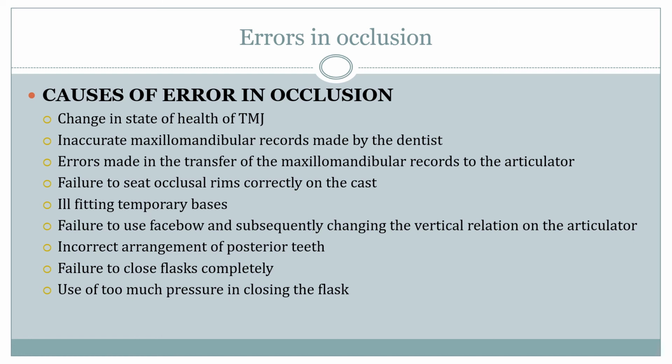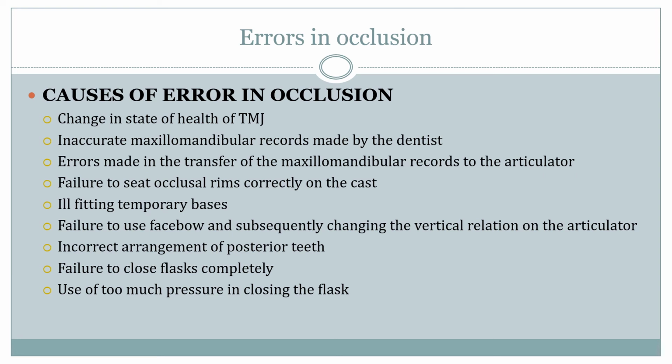But that is the most important thing. When you're recording the jaw relations, you must be mindful of the centric relation position, that is, you're taking care of the TMJ. Always remember that occlusion is not a static concept, but a dynamic concept involving a lot of other anatomical structures, not just your teeth alone, but also your mandibular jaw movements, right?